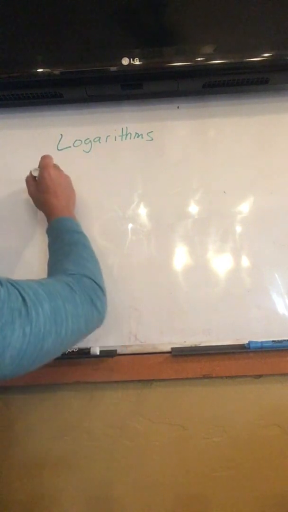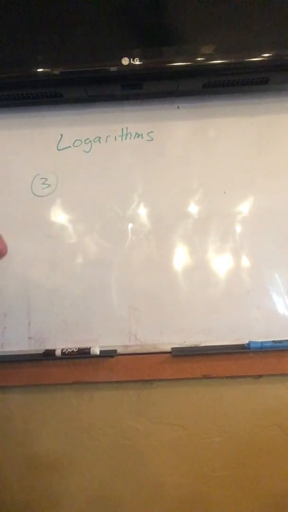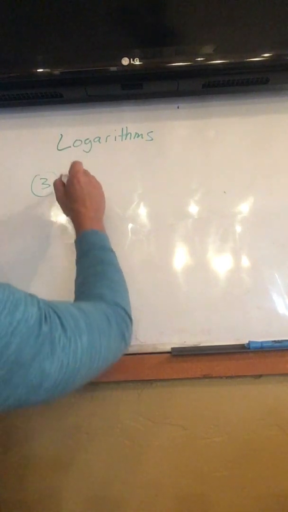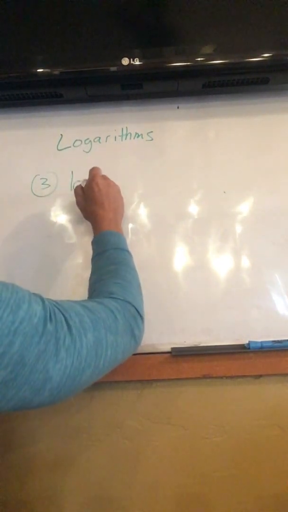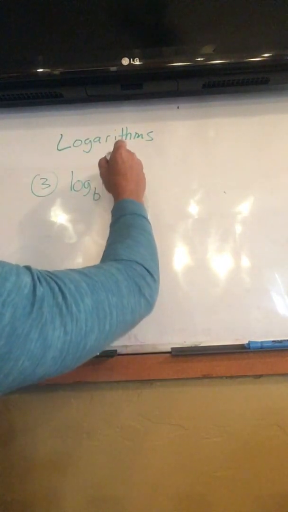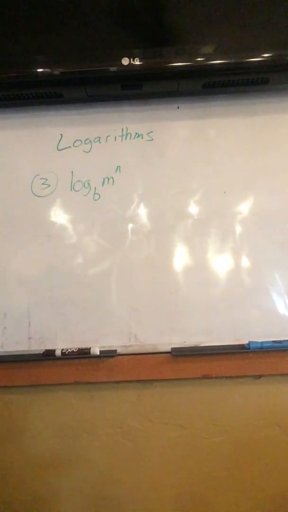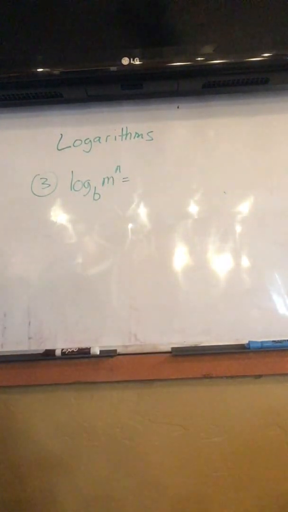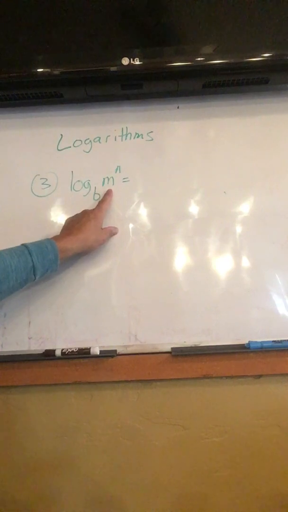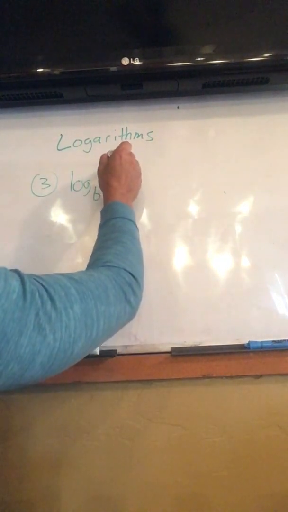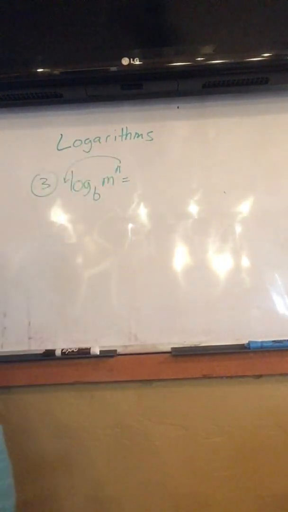The third one is if you have an exponent. So log, again, we have some base b, and now we have m raised to the n power. If that's the case, if you have a function that is raised to another number or function, this n can be brought out in front of the logarithm.